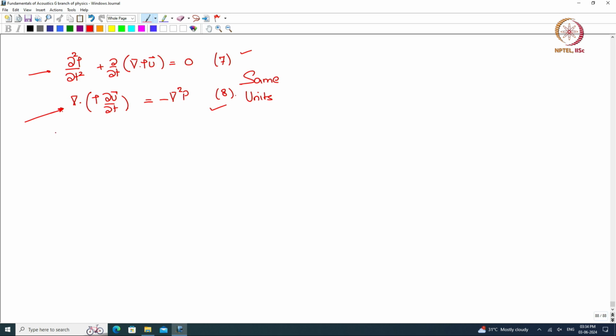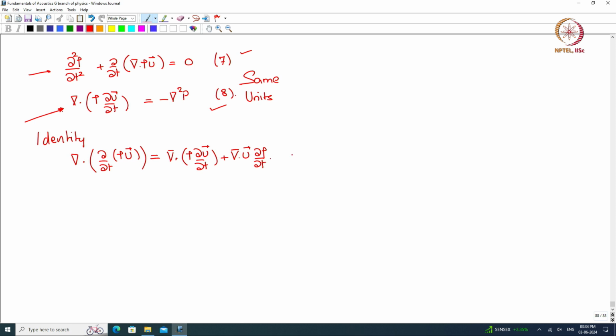Now let us look at this identity here. We have del dot of del by del t of rho u bar is equal to del dot rho del u bar by del t plus del dot u bar del rho by del t.